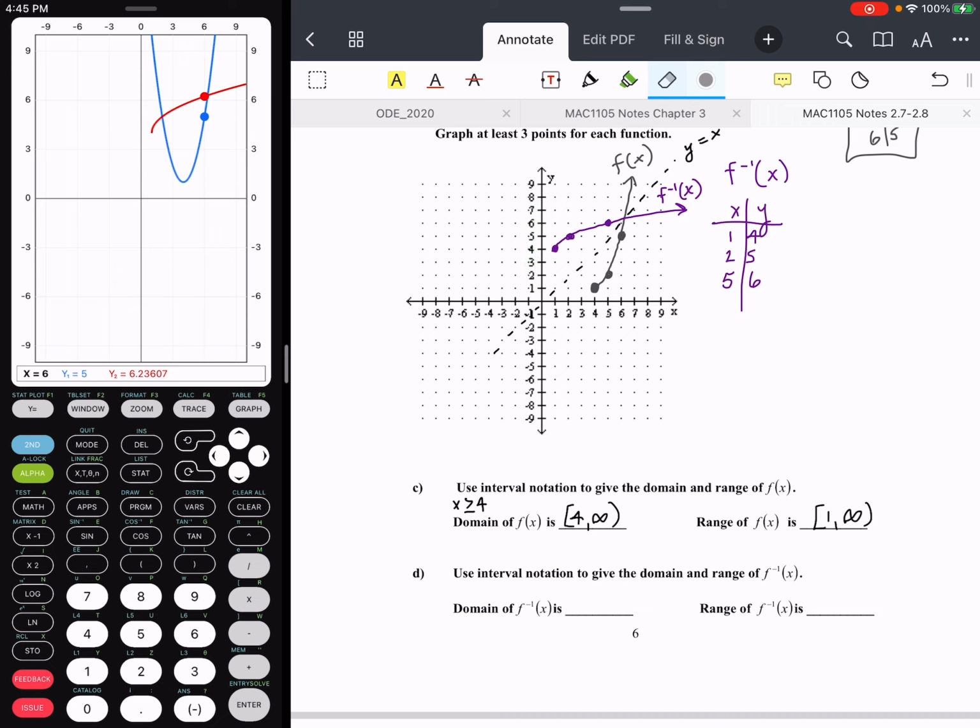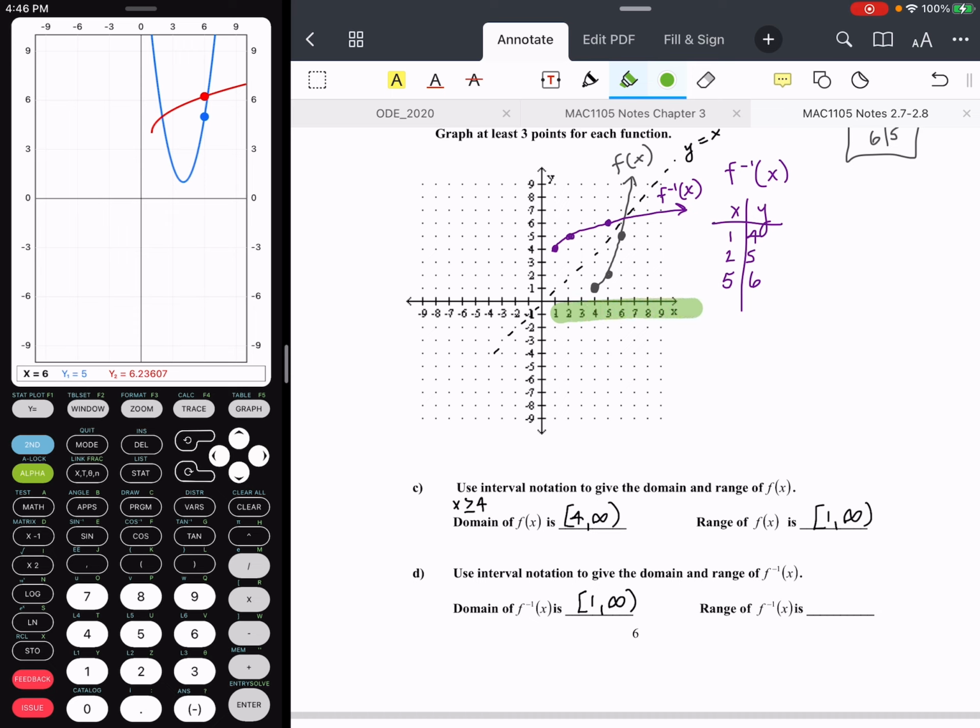Okay. Now, part D says use interval notation to give the domain and range of f inverse of x. So now looking at my purple function, looking at my x values, the domain goes from 1 to infinity. So for my purple function, the farthest to the left I go on the x-axis is 1, and x can increase from there.